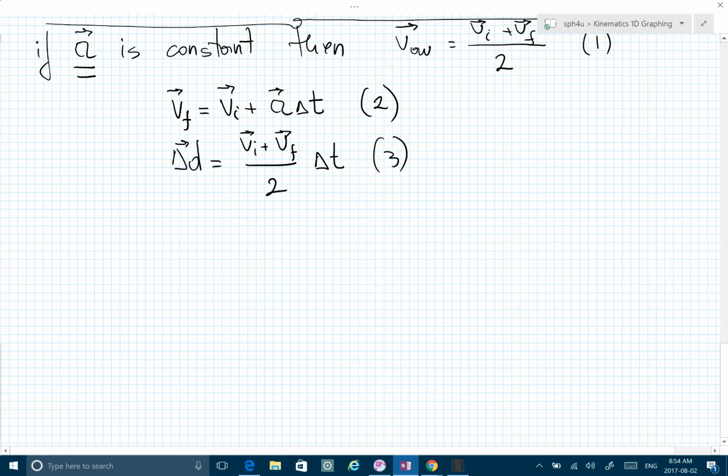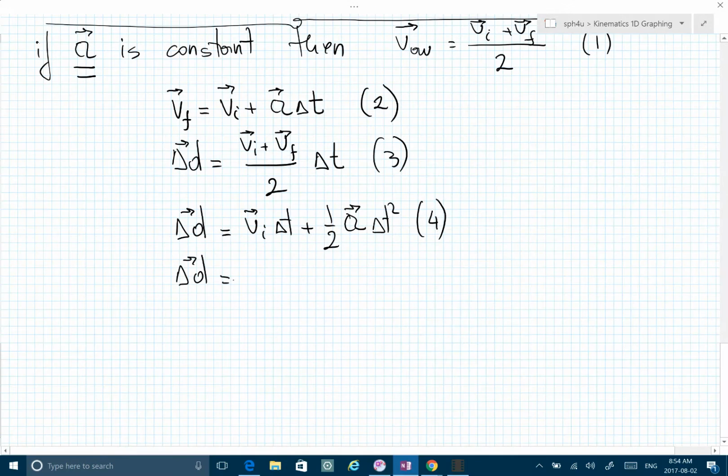And then once you manipulate these two, you get the other equation that you've been using in grade 11, which is vi times delta t plus half of acceleration times time squared. So remember, equation 4 is a combination of 2 and 3. You can try it if you want at home. Then the other one is, again, a combination of the previous 2 and 3: vf delta t minus half of a delta t squared.